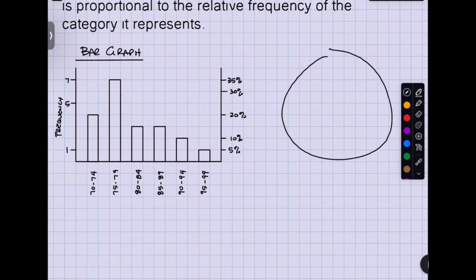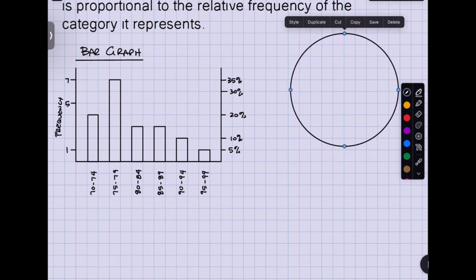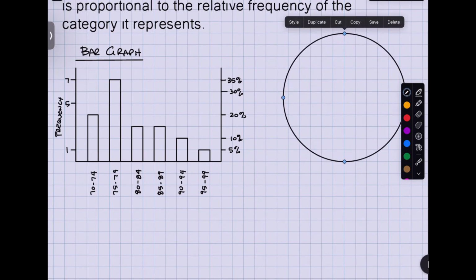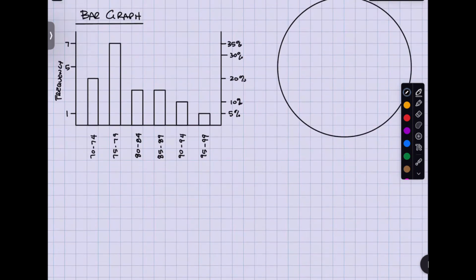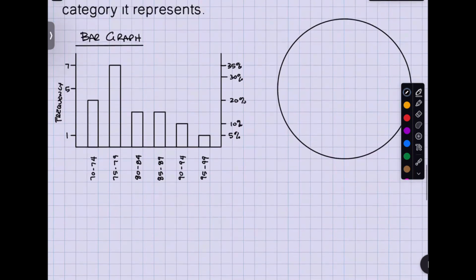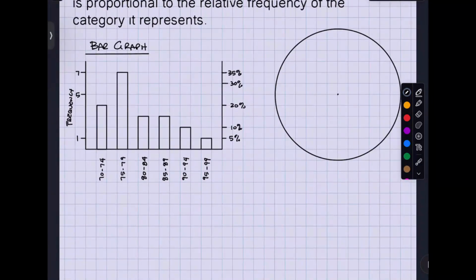Now, with a pie chart, it's going to be a lot harder for me to do freehand, because I don't know the percentages, or how to do it perfectly, I should say. So if I decide to go from there, 35%, I know that this would be 25%, right?